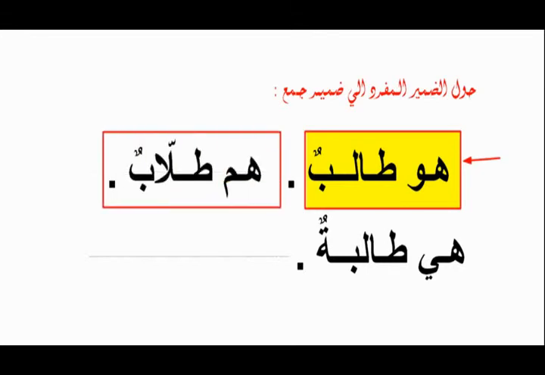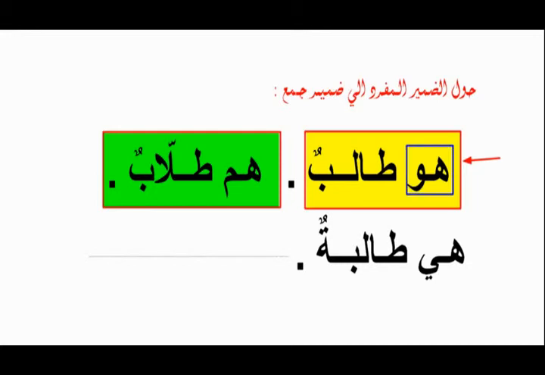So it would translate like: he is a student, huwa talibun, and that would become hum tullabun, they are students. Huwa here becomes hum, and talibun becomes tullabun. So this is how we're going to work the next couple of examples, inshallah ta'ala.